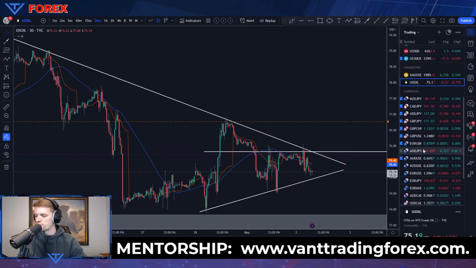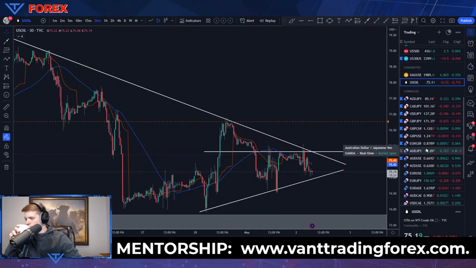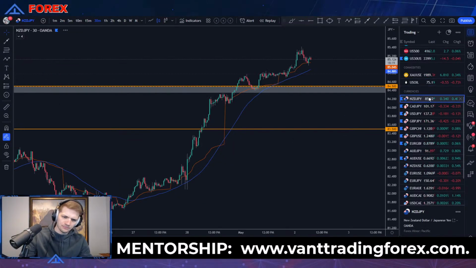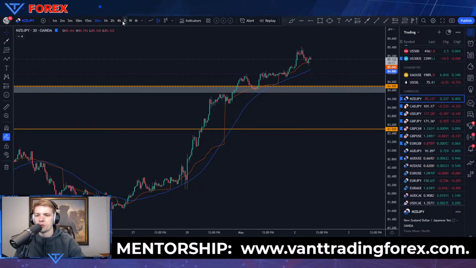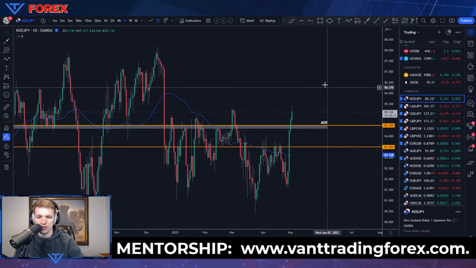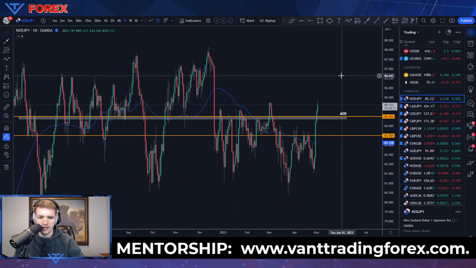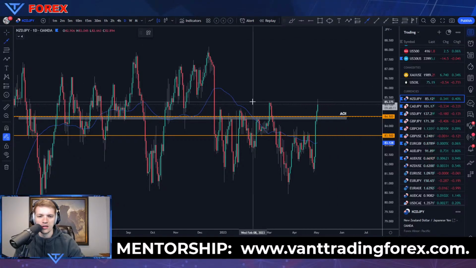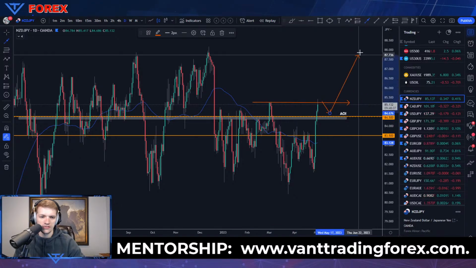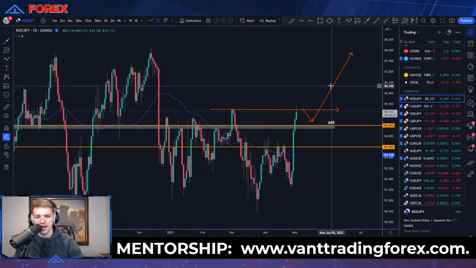And let's run through some pairs real quick. New Zealand yen. Daily chart closed bullish above the area of interest. So now looking for a potential bullish run, maybe on a retest for a continuation because of the yen.